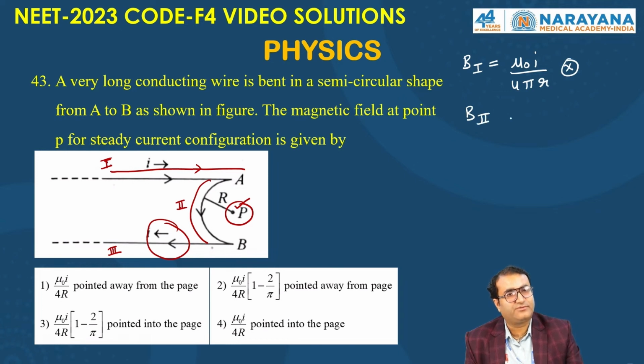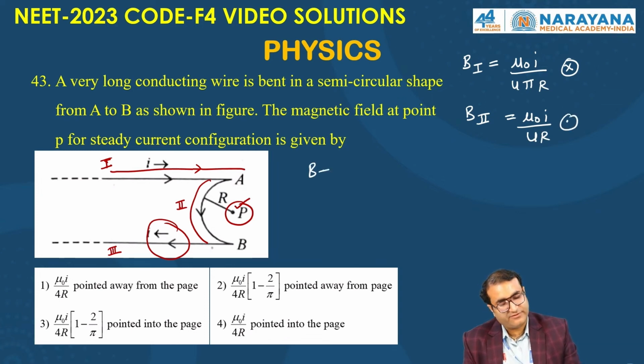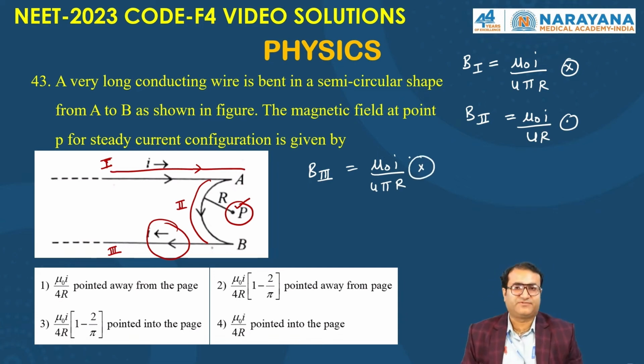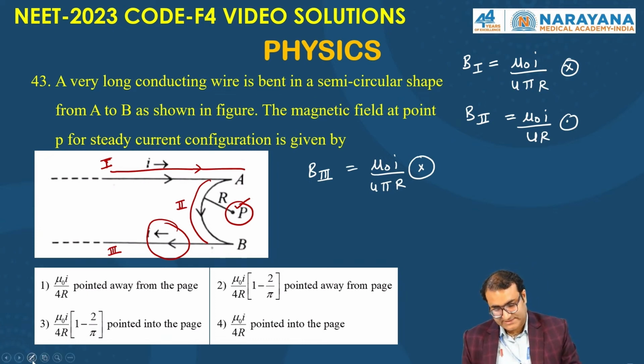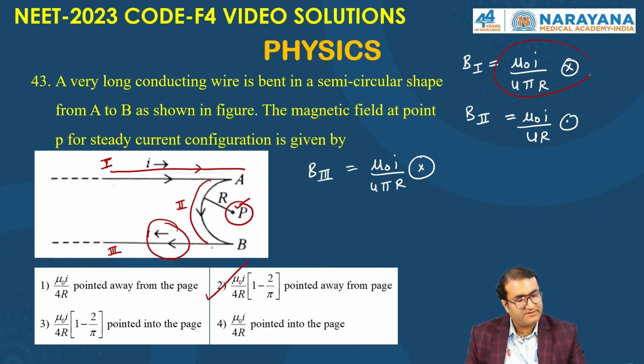Magnetic field due to wire 2, it is mu naught I by 4R, here R is capital, out of the plane. And magnetic field due to wire 3, it is mu naught I by 4 pi r inside the plane. So if you sum up vectorially, we have to subtract this and this from this. I'll go with second option as the answer here.